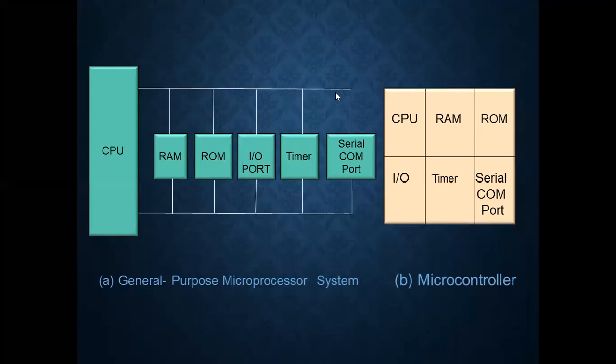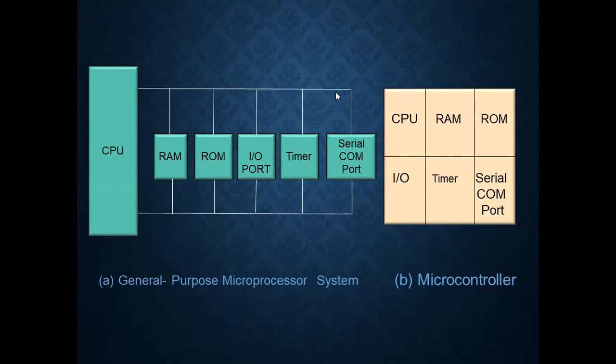But in a microcontroller, the CPU, RAM, ROM, input output ports, timer, and serial communication port are combined together on chip, because, as we have discussed, the microcontroller is a dedicated purpose device, while the microprocessor is a general purpose device. General purpose means it can perform any kind of job and multiple processes parallelly.